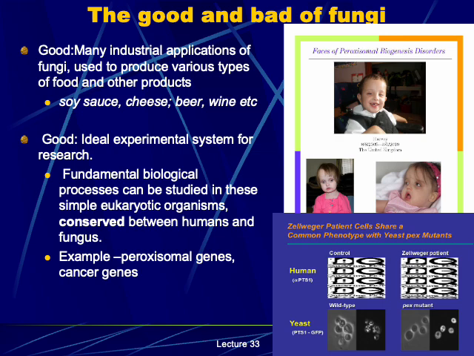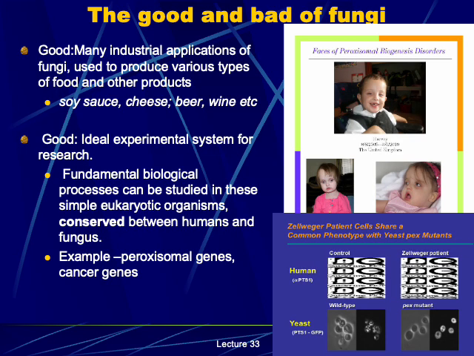Now, what they found, interestingly, was that the defect in the peroxisomes of human beings with Zellweger syndrome can also be found in yeasts.